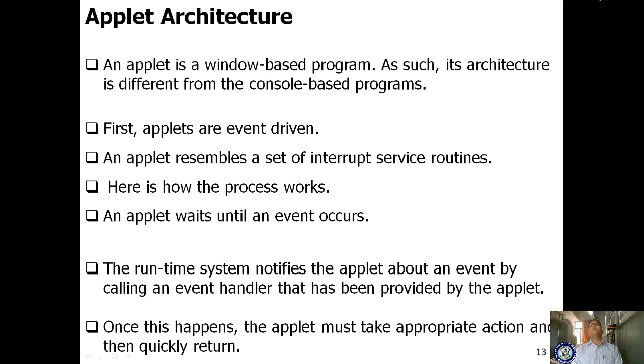So whenever you are executing your applet program, there will be some events, and those events are called by event handlers provided by the applet. Once this happens, the applet must take appropriate action and then quickly return. Once the event is called, the appropriate action should take place.